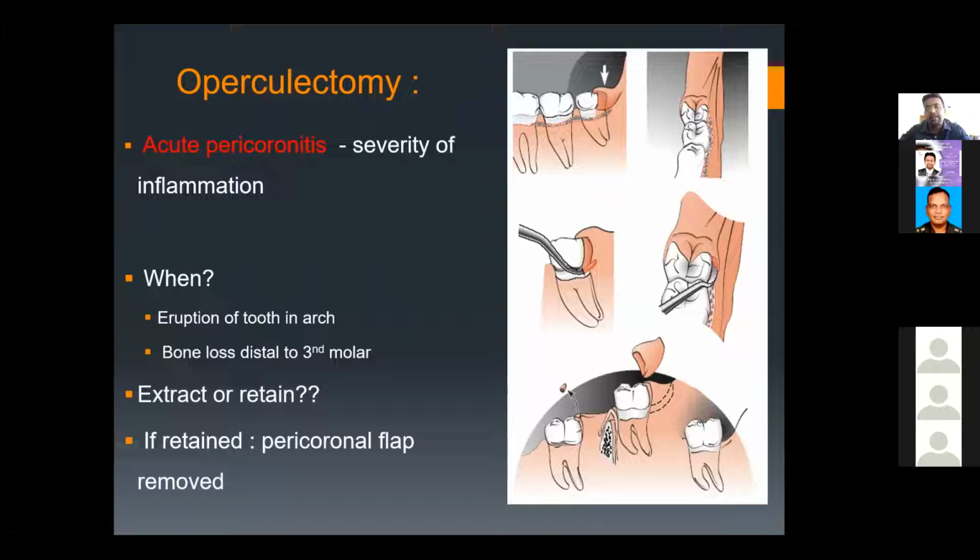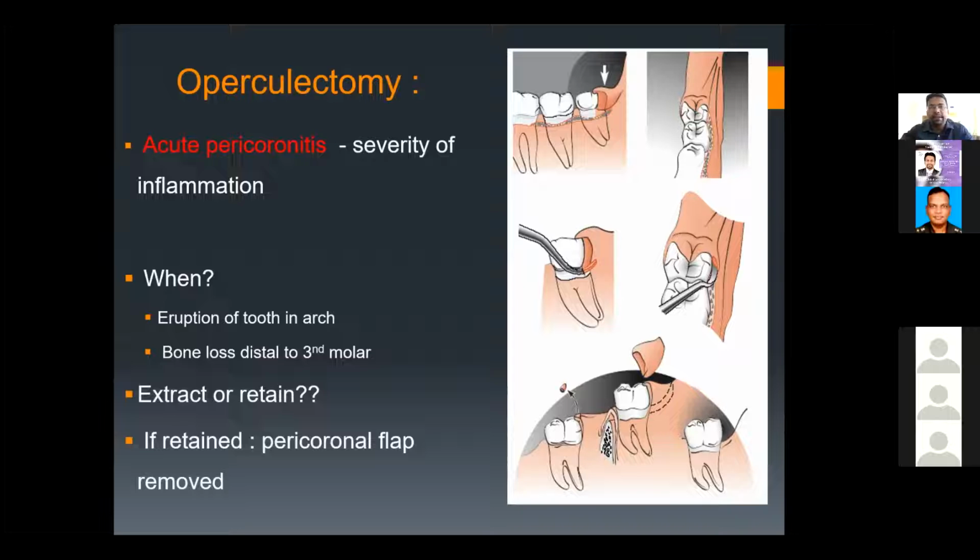First factor, if you are going for operculectomy, the tooth should be in occlusion at the level of 7. Second factor, the tooth should be vertical. It should not be mesially, distally, buccally, or lingually tilted. It should be vertical.